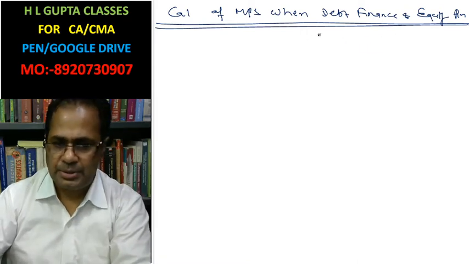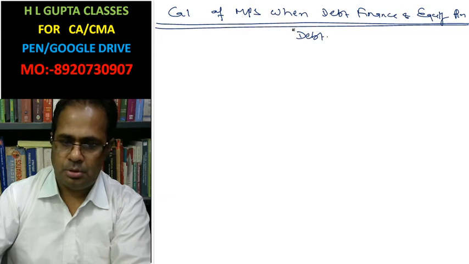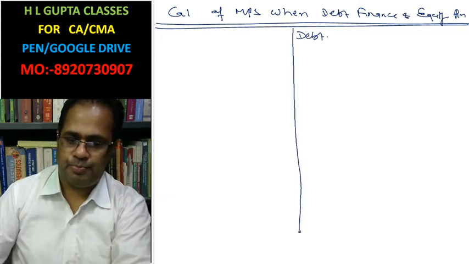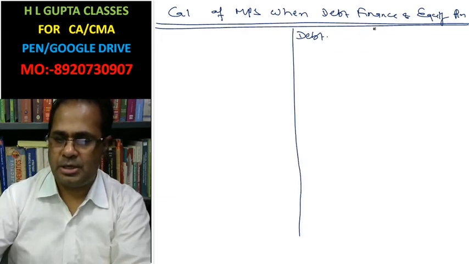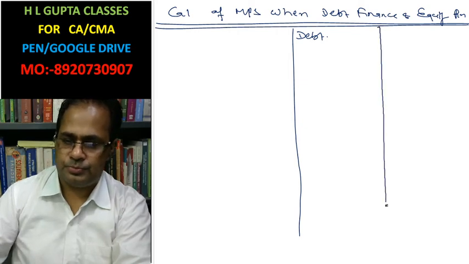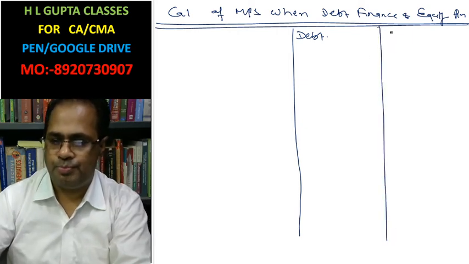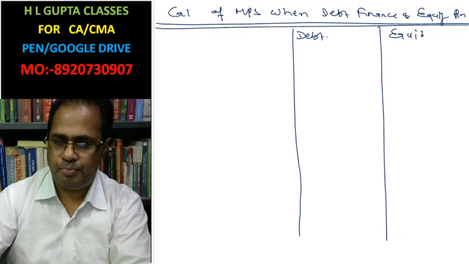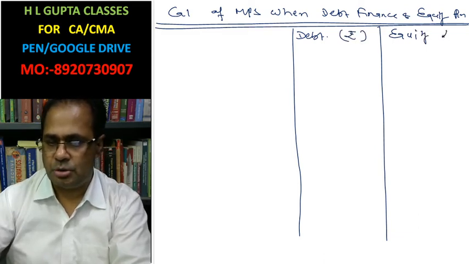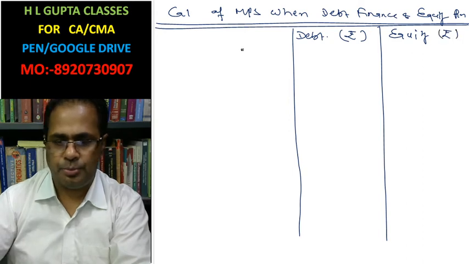The first alternative is debt. The second alternative is equity. This is in rupees.